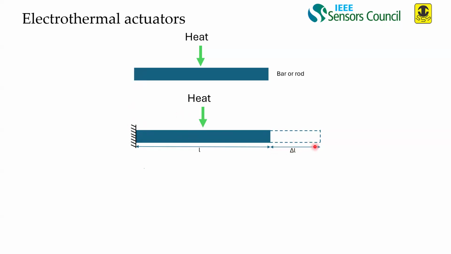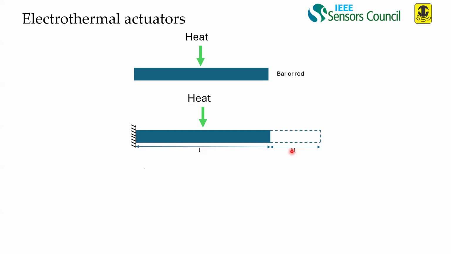It will expand in this way, right? So my original length is L, and you will have an extension, delta L. This is exactly what happens when you heat it.